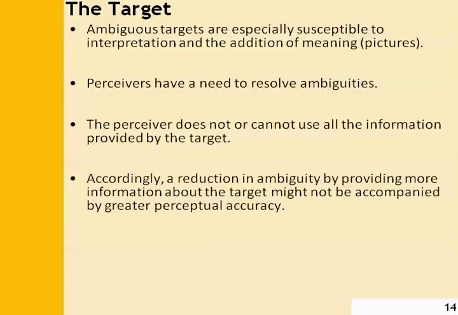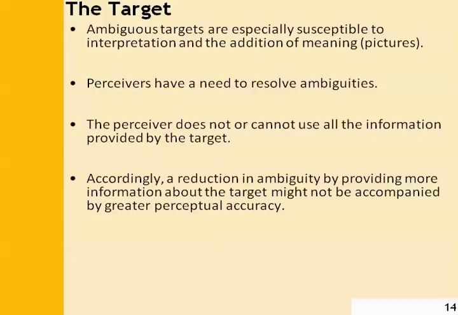Accordingly, a reduction in ambiguity by providing more information about the target might not be accompanied by greater perceptual accuracy. يعني لو أنا حبيت أقلل الغموض اللي في التارجت أو عدم الوضوح اللي في التارجت by adding more information about the target، مش بالضرورة ال perceiver هي perceive it accurately.